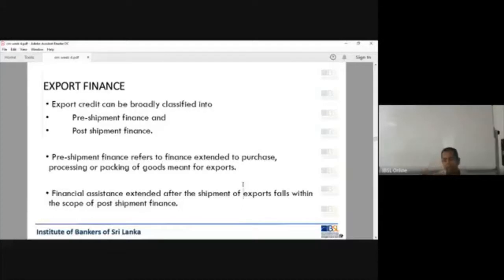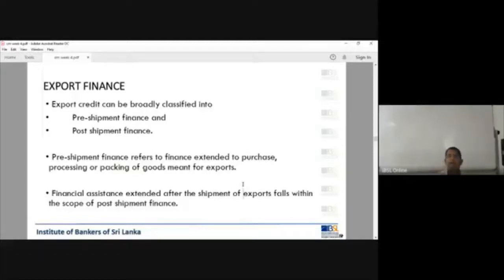Based on that, we give money to purchase, do the value addition, and ship. Mainly the direct cost part we finance. Right? Under purchase order finance or pre-shipment finance, we give money to do any export order, mainly the direct cost.